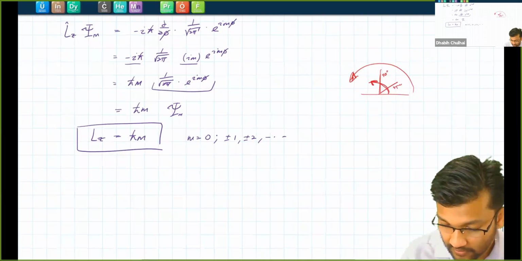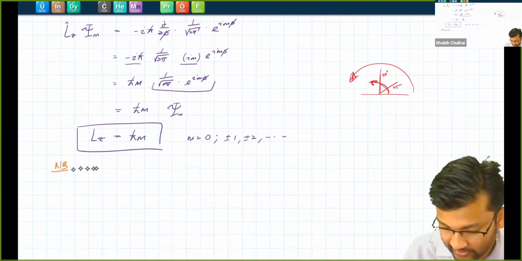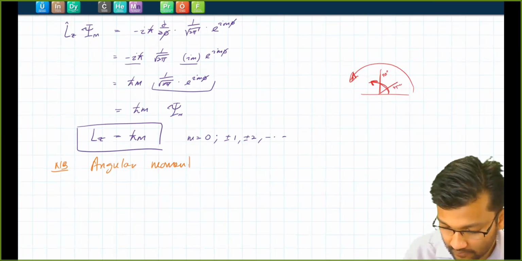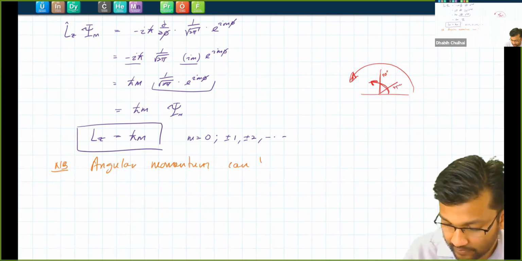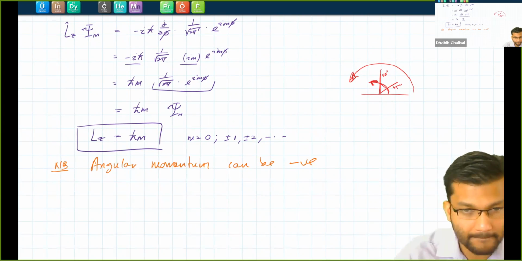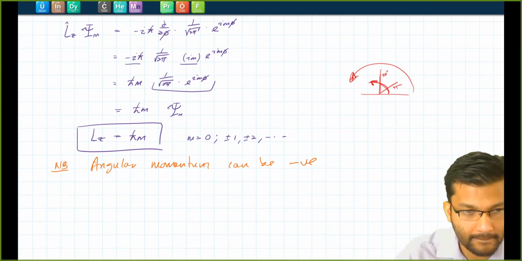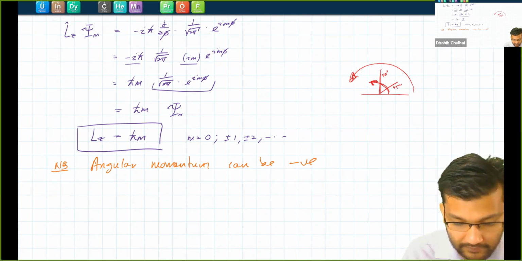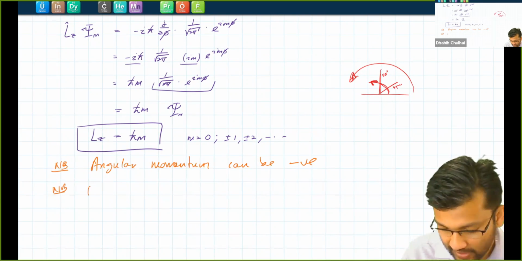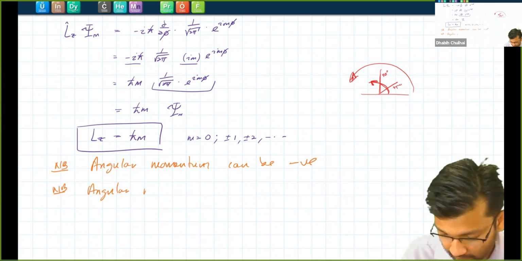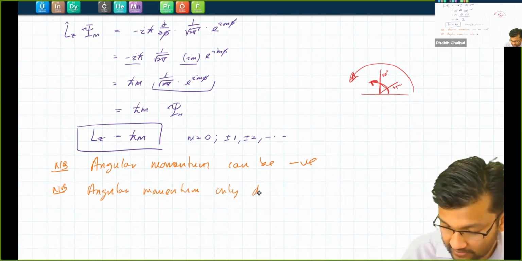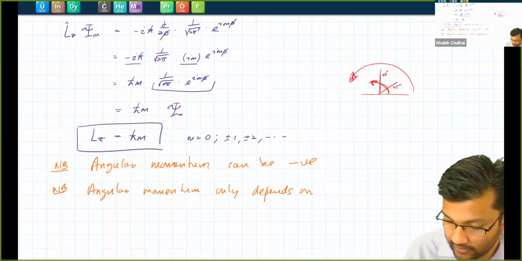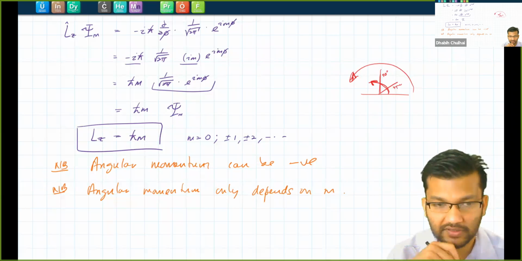A couple things somebody already pointed out. Angular momentum can be negative. And angular momentum only depends on m, the quantum number.